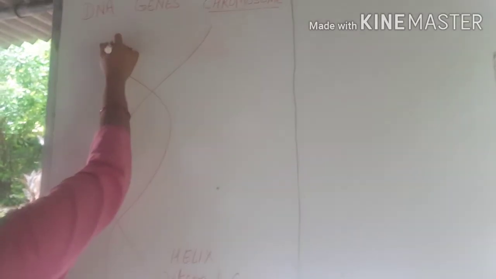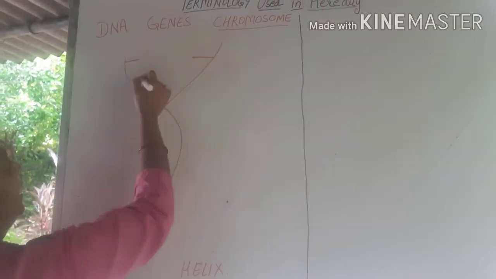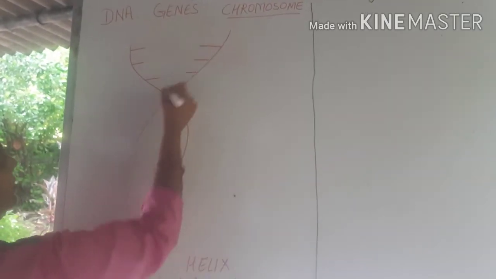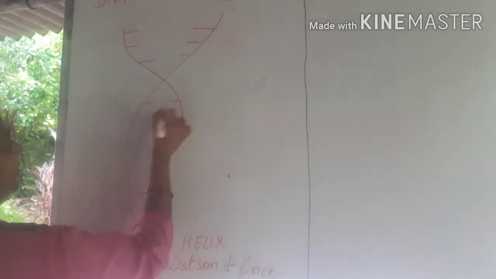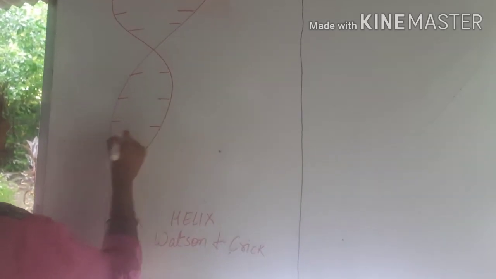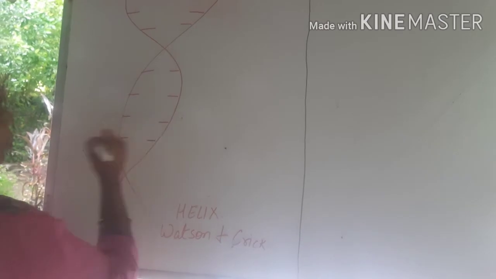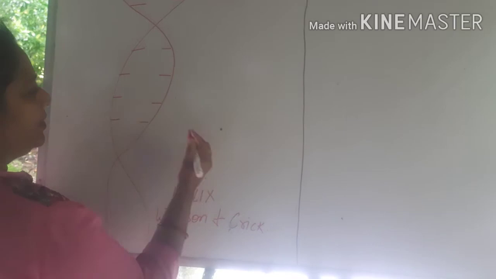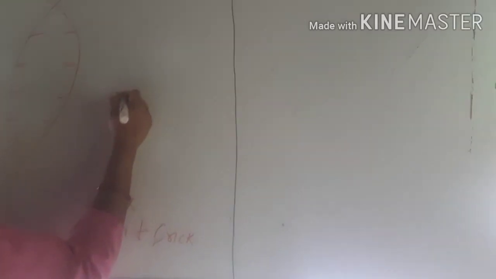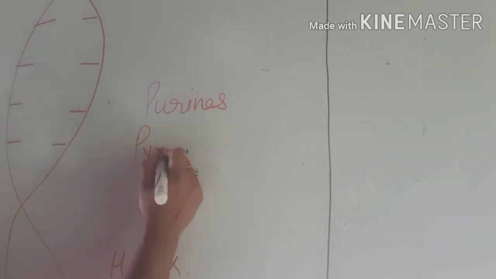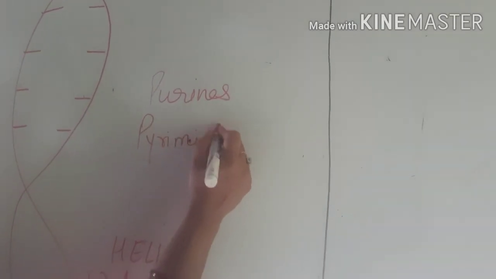Inside this, children, purines and pyrimidines are there, attached to each other this way. All these details you will study in your further classes, but here you should know that purines and pyrimidines are there.